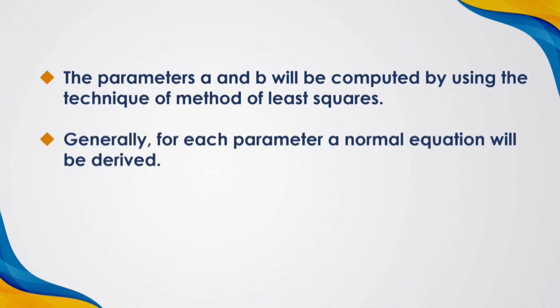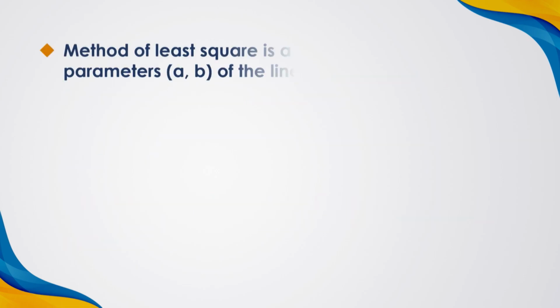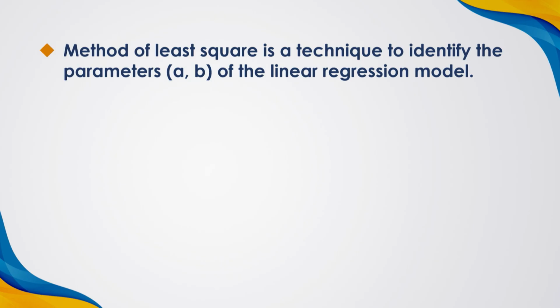The method of least squares is nothing but the summation of the error. Generally for each parameter a normal equation will be derived. Here we will obtain two normal equations because we have two parameters, small a and small b. So we have two different normal equations, and by simplifying them, the parameters a and b will be estimated. The method of least squares is a technique to identify the parameters of the linear regression model.